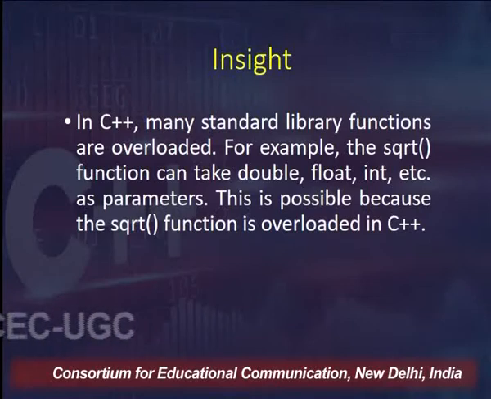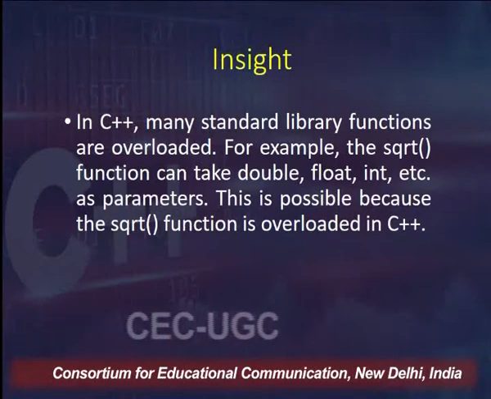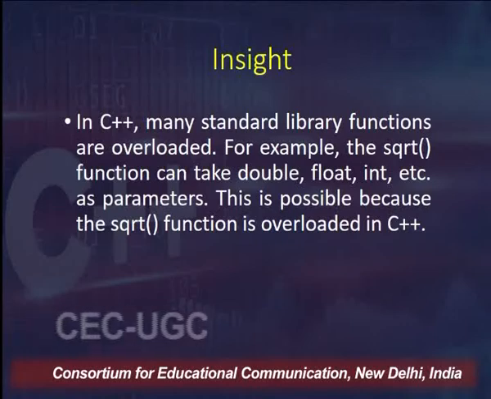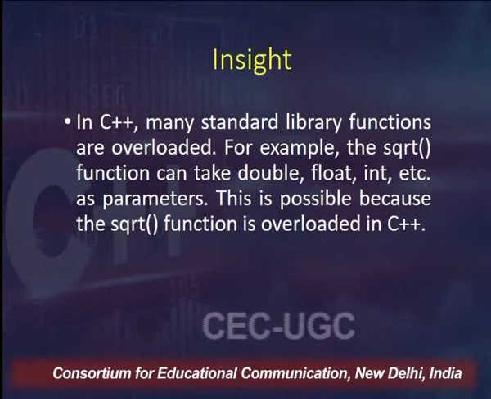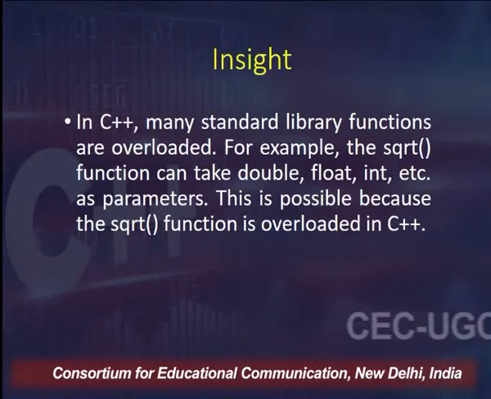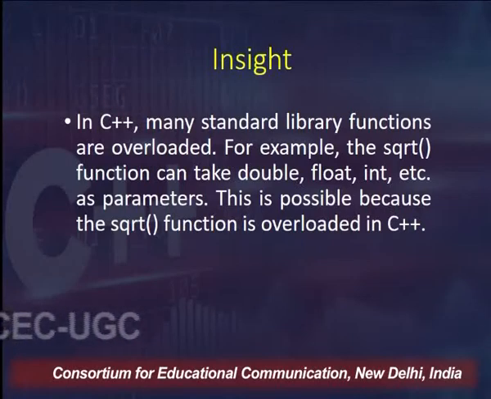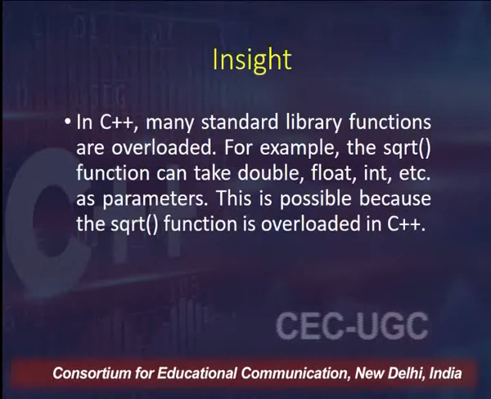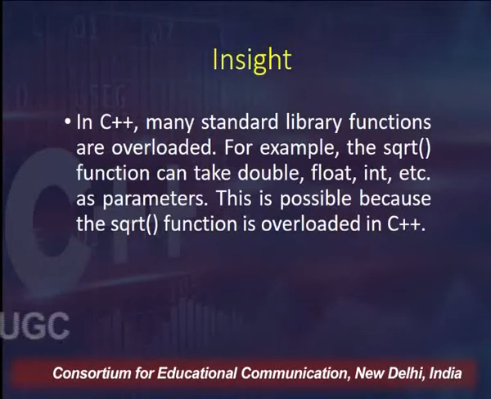Now think of some other functions as well. For example, the print function. If you give something in double inverted commas, it is going to print that particular thing as it is. That's a string. Fine. Now what about if you say cout x? It is going to give you the value of that variable x, assuming x is a variable.